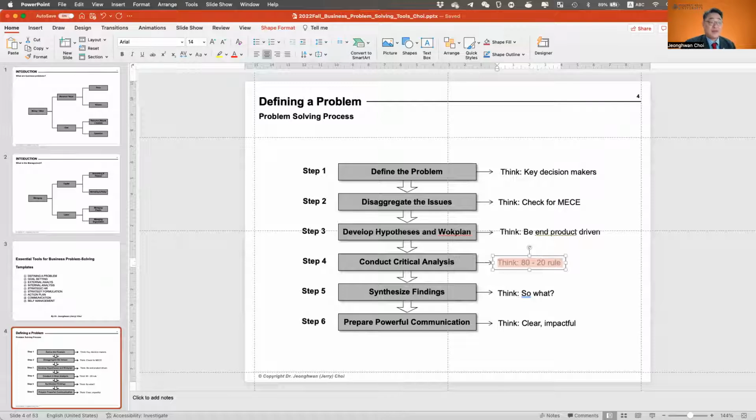But as a business problem solver, do we have enough time? Do we have enough money? Do we have enough people? No, never, ever. We will not have enough money, people, or time.